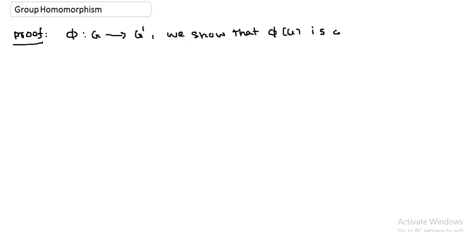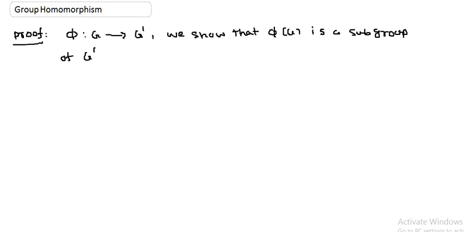Proof. We have a mapping phi from G to G dash. We show that phi of G is a subgroup of G dash.